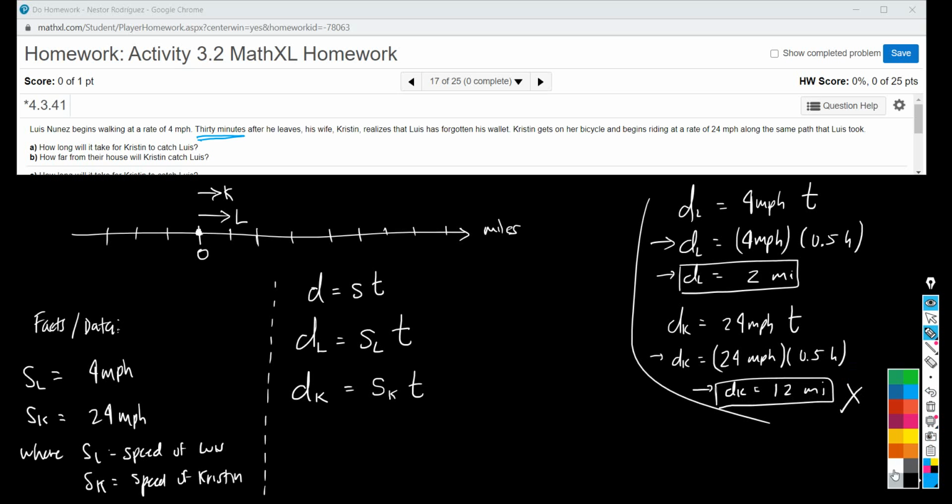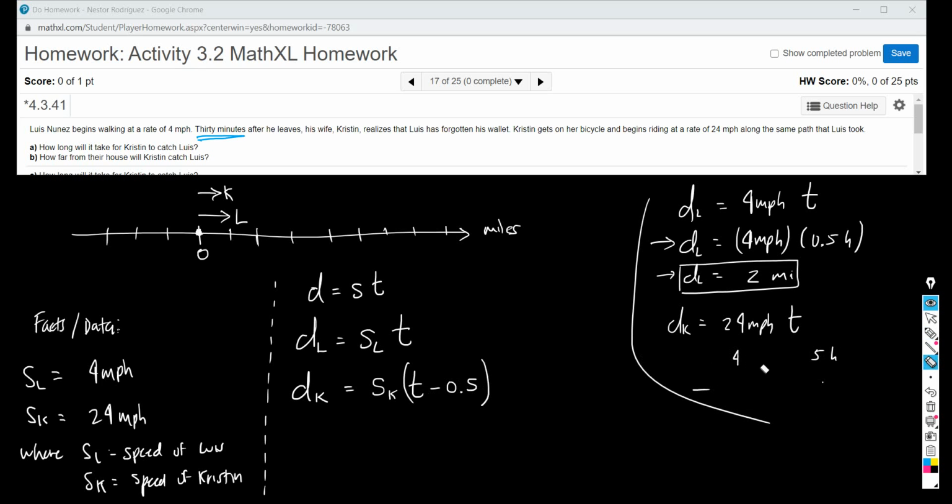That's why we need to make this little arrangement right here, in order for this equation to work. If I make that distinction, I'm going to have t minus 0.5 hours.